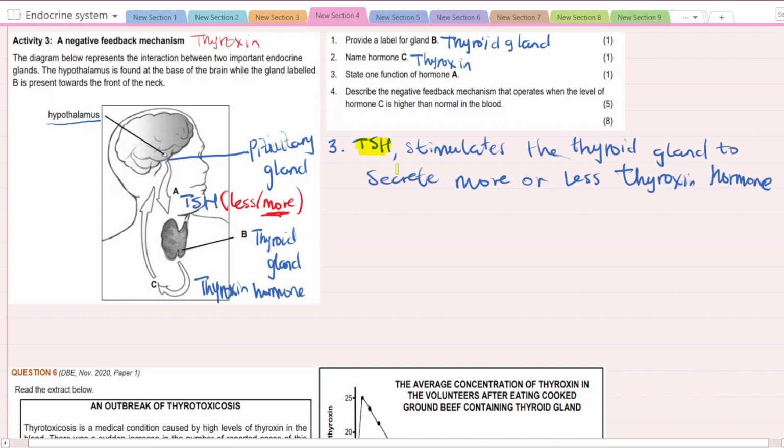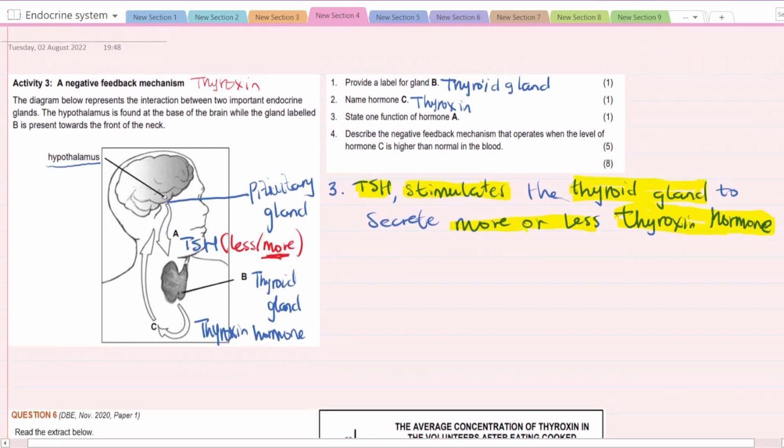TSH, thyroid stimulating hormone, is self-explanatory. It stimulates the thyroid gland to secrete more or less thyroxine hormone, depending on the situation. So that's number 3.